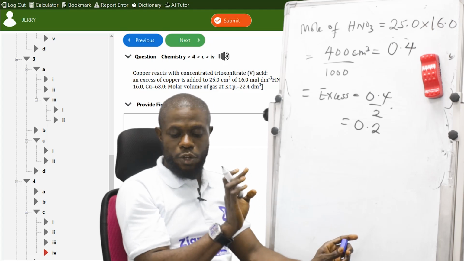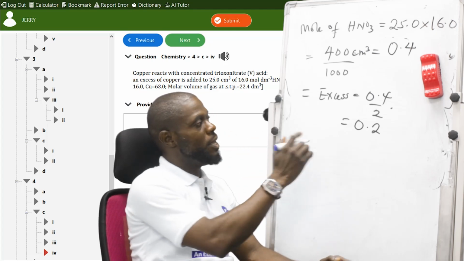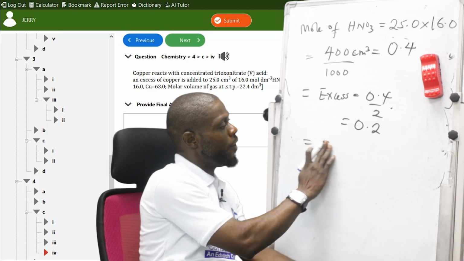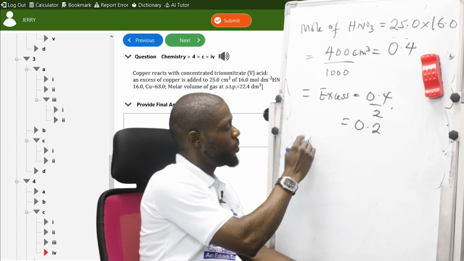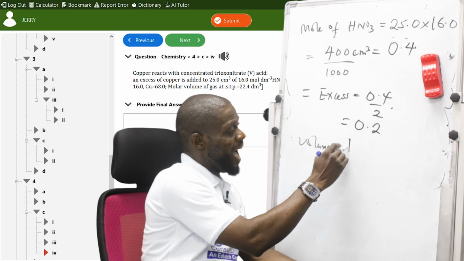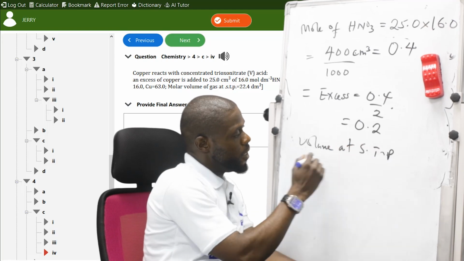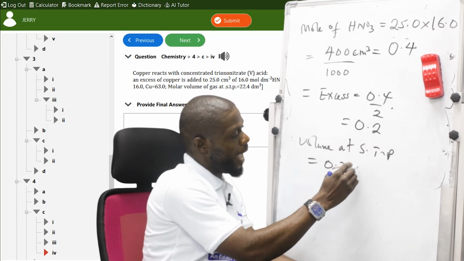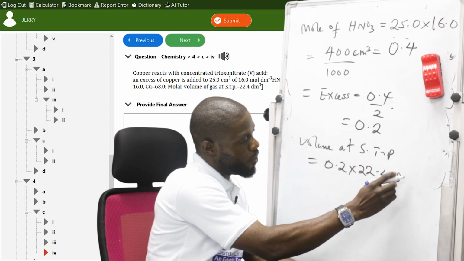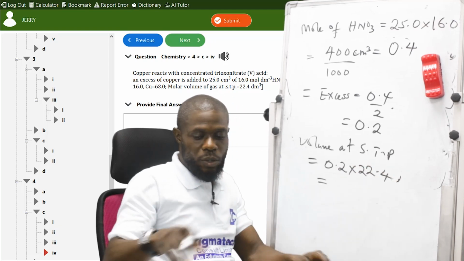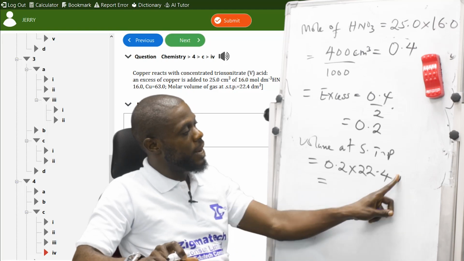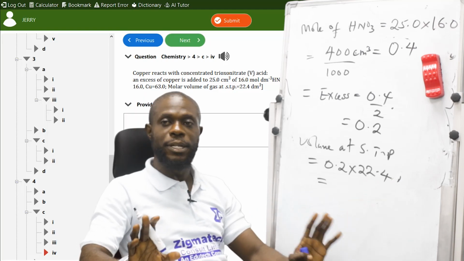So now your main answer, the volume at STP, will be equal to 0.2 times 22.4. Why? The 22.4 is the standard temperature.